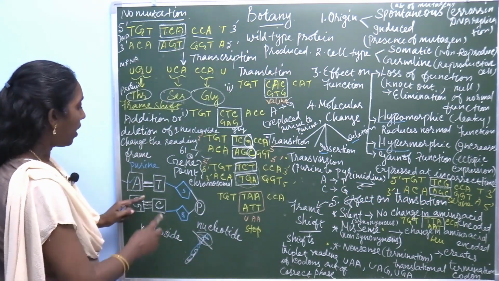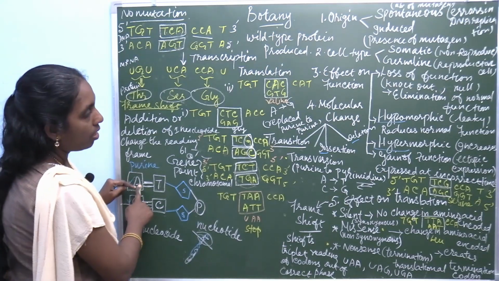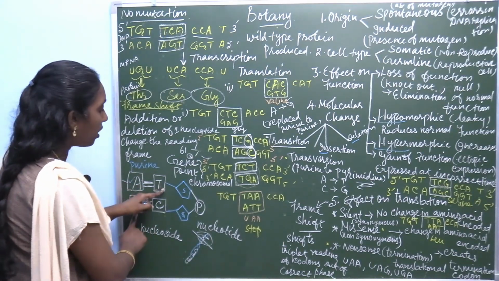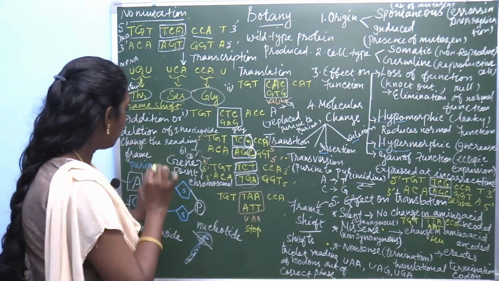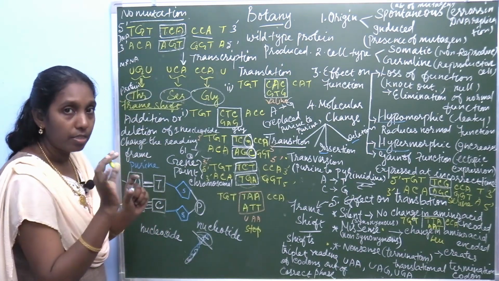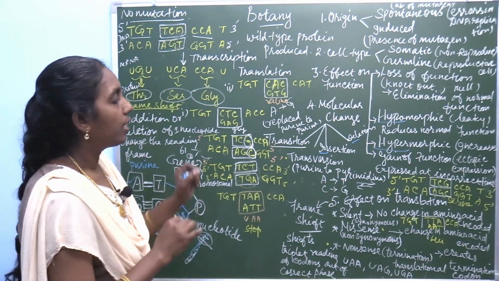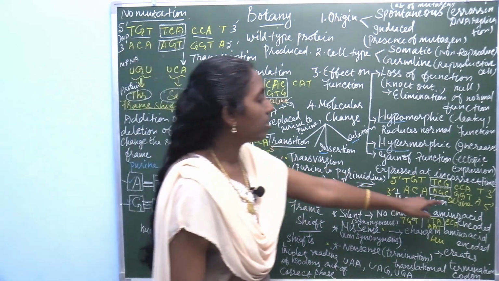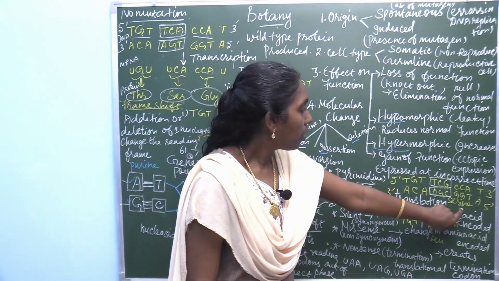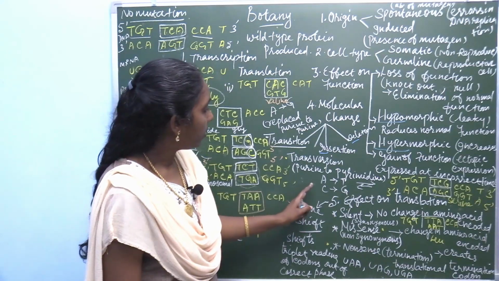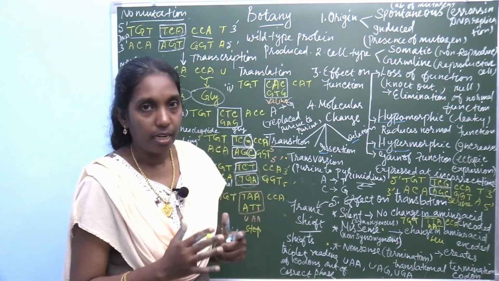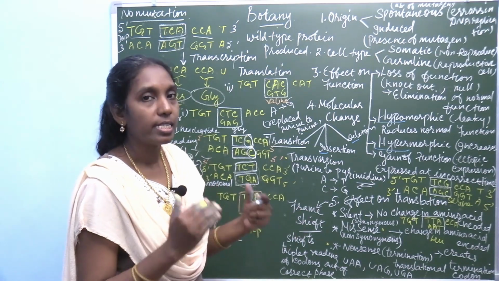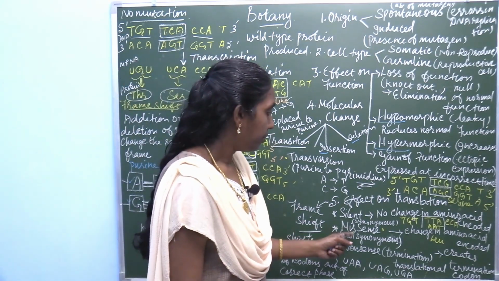So the purine and pyrimidine changes are there, but the amino acid it produces is serine. So what's the definition? In silent mutation, there is no change in the amino acid encoded. So this is called silent mutation.